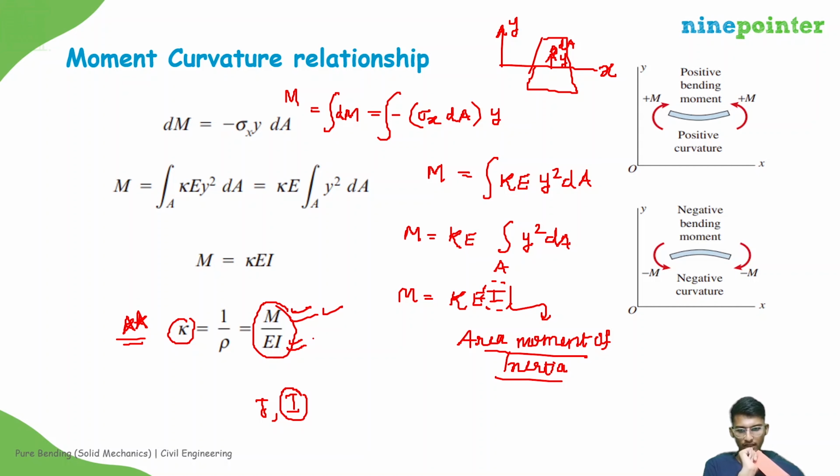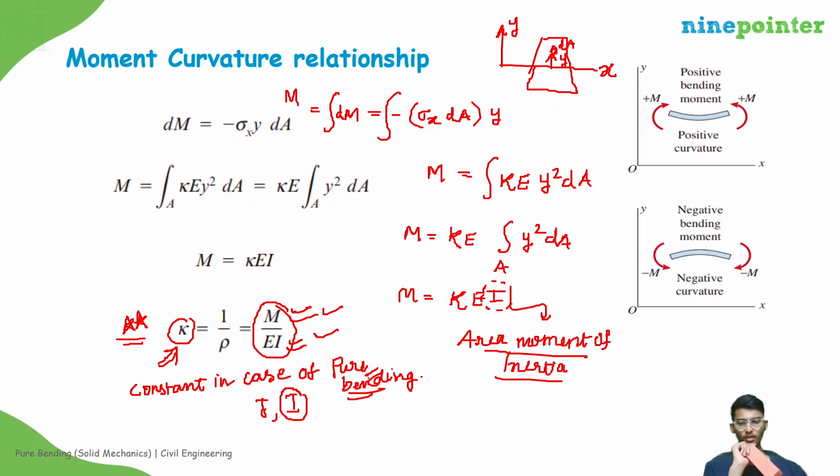So M is constant and EI is constant. So the radius of curvature is constant in case of pure bending. That you need to understand. So this is about the moment curvature relationship.